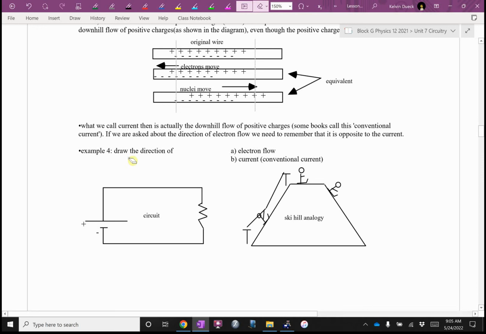So, example 4 says this. Draw the direction of electron flow. I'm going to do electron flow in red. Electrons flow from negative to positive because unlike charges attract, so electron flow would go that way.